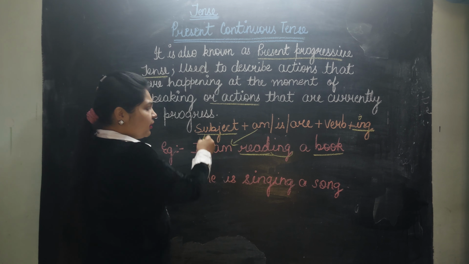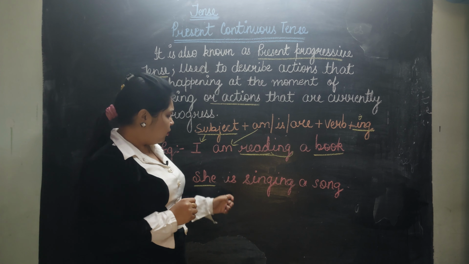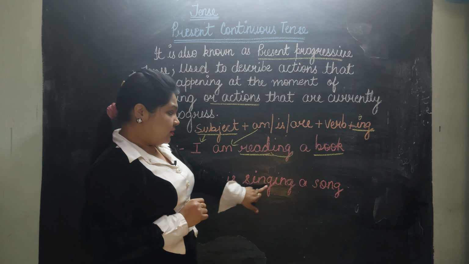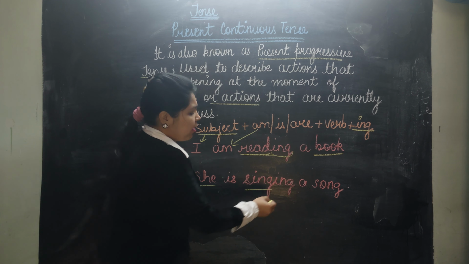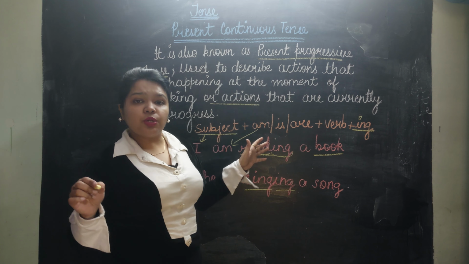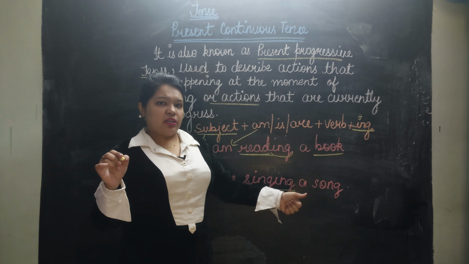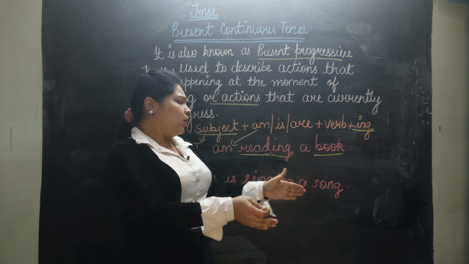Now, let's make one more sentence. She is the subject. You all know. Is. Now, we have used this. Is singing. Sing is the verb. And ing, we have to just add ing, just keep it in your mind. Present continuous tense always uses ing because it only tells you what action is going on.